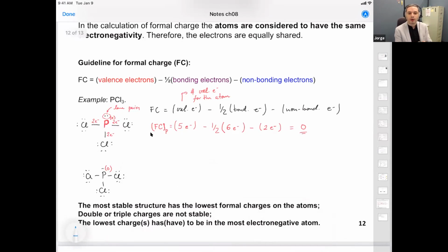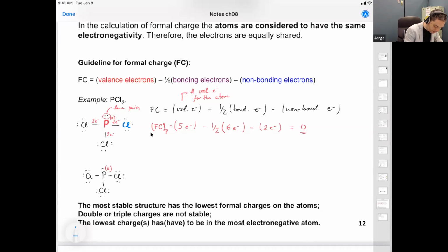Now let's determine the formal charge for the other atom involved in the formation of this compound. Now we are going to look at the chlorine. Technically, we have to determine the formal charge for all the chlorine atoms.